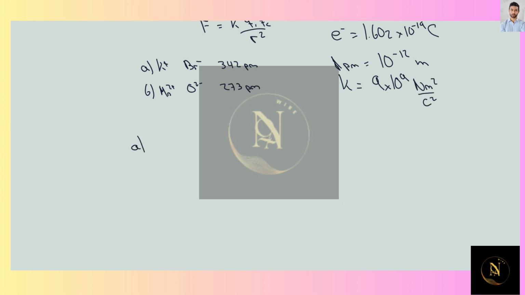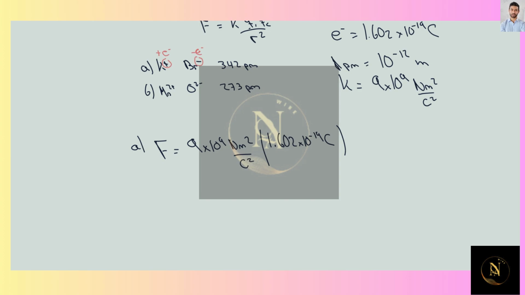For the first system, remember that the positive and negative charge of each ion corresponds to plus the charge of the electron and minus the charge of the electron, respectively. So the force is equal to our Coulomb constant, 9 times 10 to the 9 newton meter squared over coulomb squared, multiplied by charge 1, 1.602 times 10 to the minus 19 coulombs, multiplied by the second charge, the same value but with a negative sign.